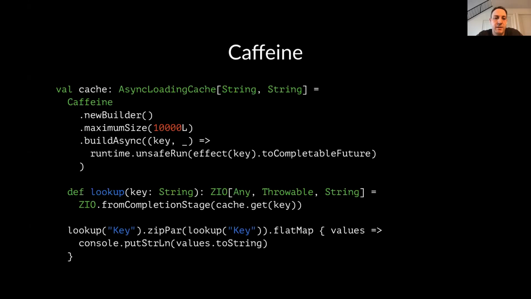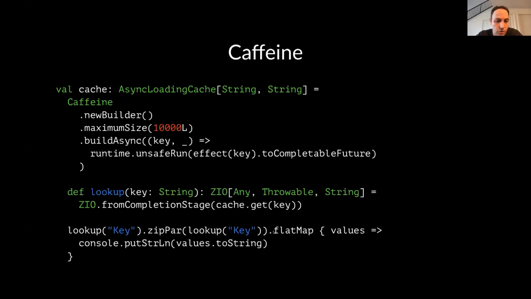And this time, this is expecting a Java future. So we've got to use this other operator to turn this into a CompletableFuture, and then unsafely run this. And then when we want to implement our own lookup function, we need to turn that Java CompletableFuture back into a ZIO effect. So again, we have that issue of we've lost the type information on the error type.